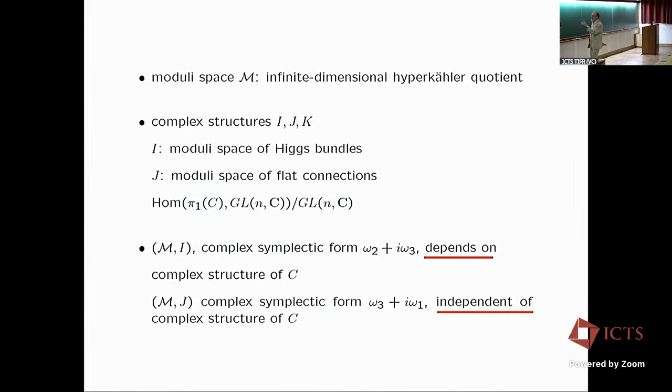So omega-1, the Kähler form for the Higgs bundle complex structure, in my convention here, becomes the imaginary part of the holomorphic form. So there may be an I here, but somehow I like the symmetry of I, J, K and cyclic.